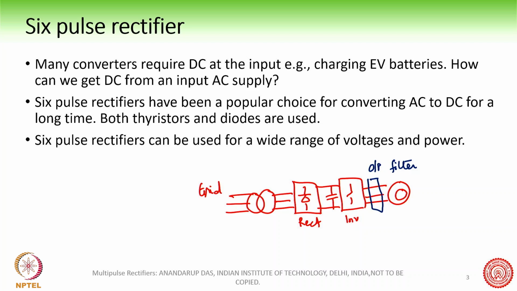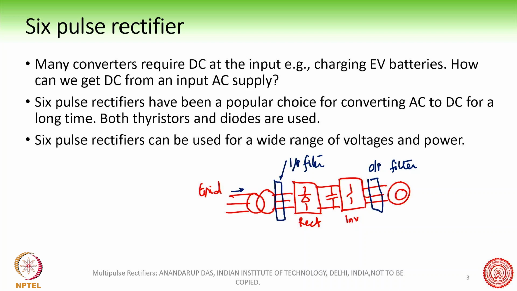So we use an output filter, but many times we also use an input filter here, to improve the current which is being drawn. So often this is also used.